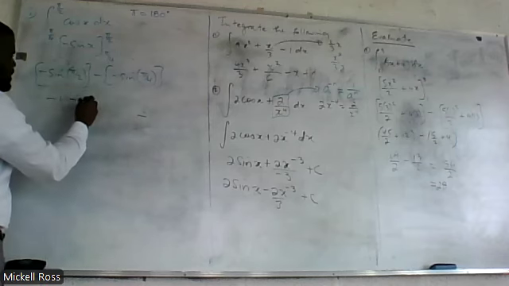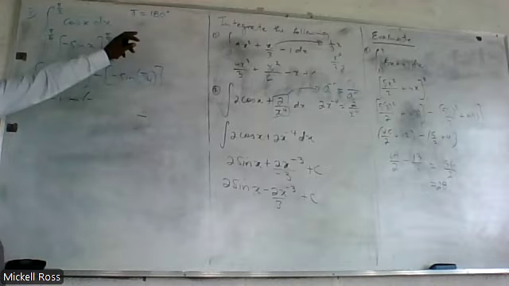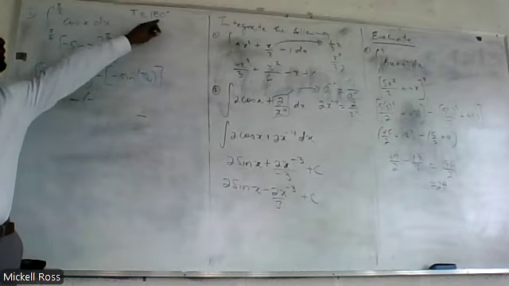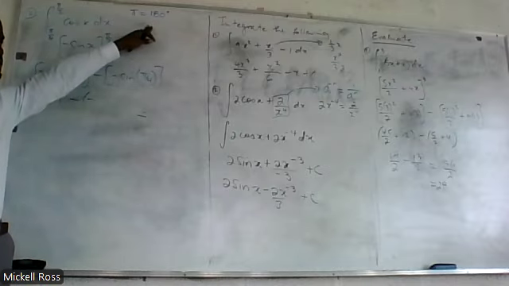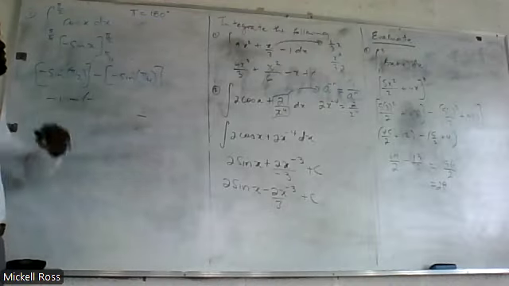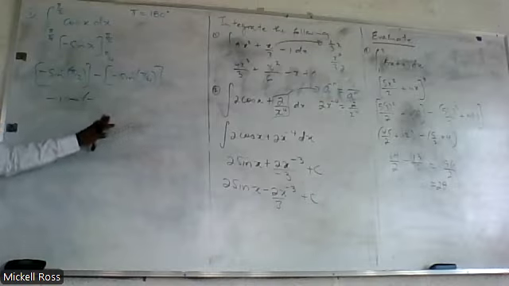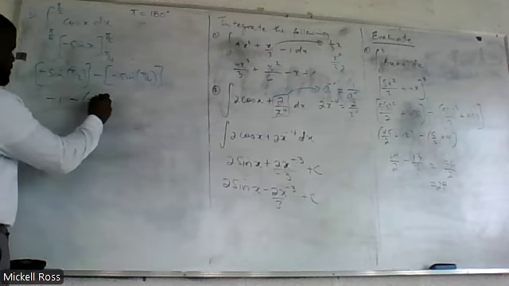Now pi over 4 is what in degrees? Let's go again. Pi over 4 is what in degrees? Pi is equal to 180, divide by 4. 180 divided by 4, 45, yes. So the sine of 45 is going to equal what? 0.707, yes?